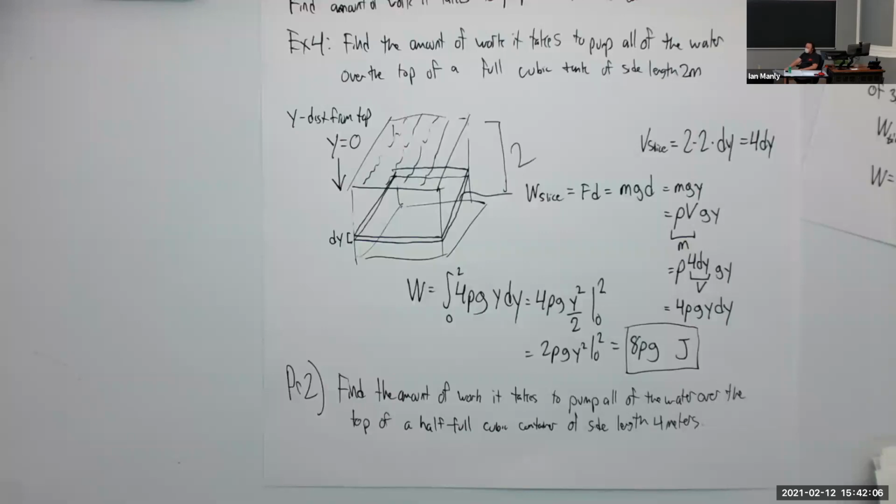Seems like we have some disagreement here. 32 rho g, 96 rho g. 16 dy would be the volume.